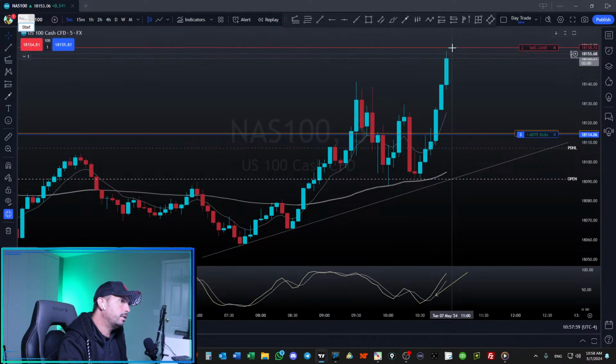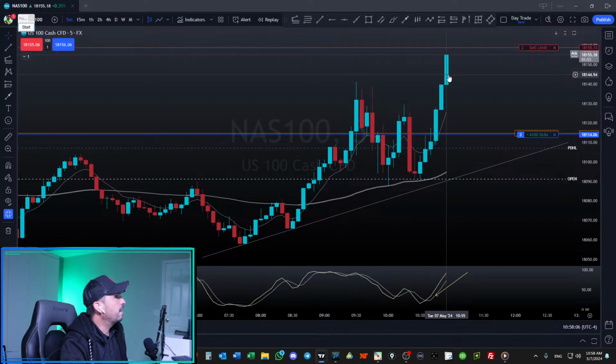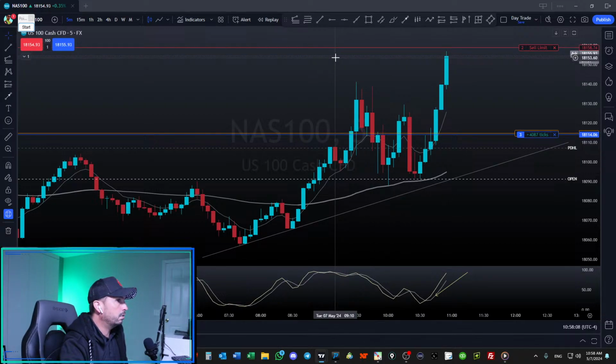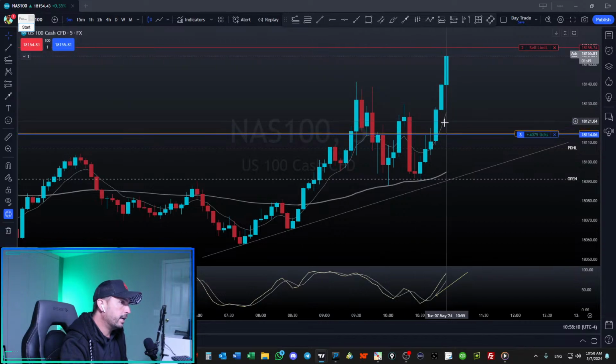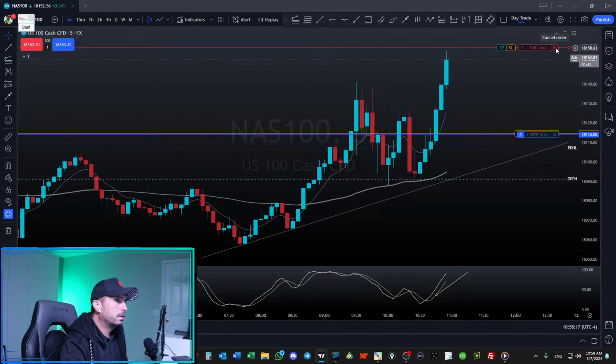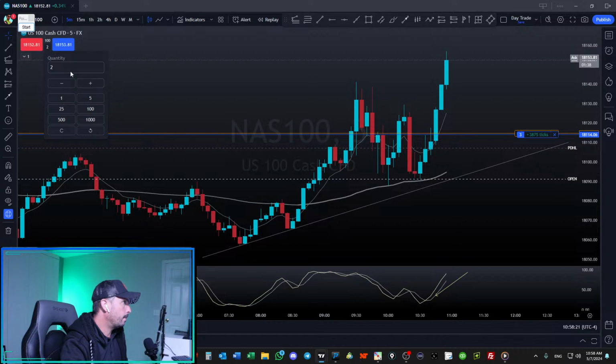As you can see, it's a straight line, 1, 2, 3, 4, 5, 6 five-minute candles. That's pretty strong. I mean, it does need to pull back a little. So what I'm going to do is cancel this and sell 2 at market.